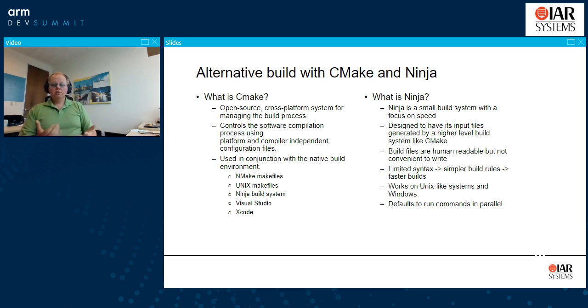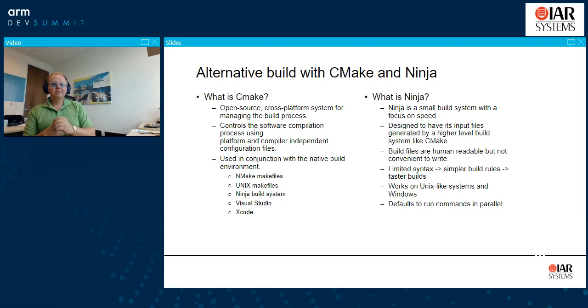Moving along, there are some alternative ways that you can do building. There is CMake as well as Ninja. CMake is an open source cross-platform system that manages your build process. So why would you use CMake versus IARBuild? One of the reasons customers might do that is because they may also be developing a desktop application or something completely different, where CMake has a make process for that desktop application or whatever other things they're doing.